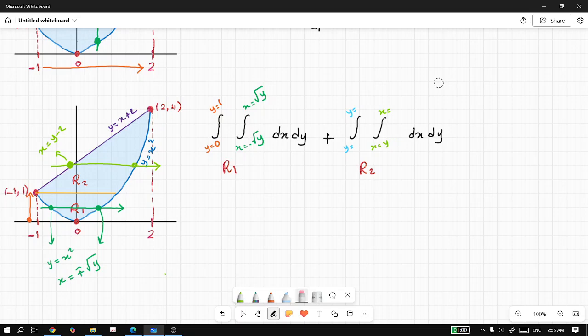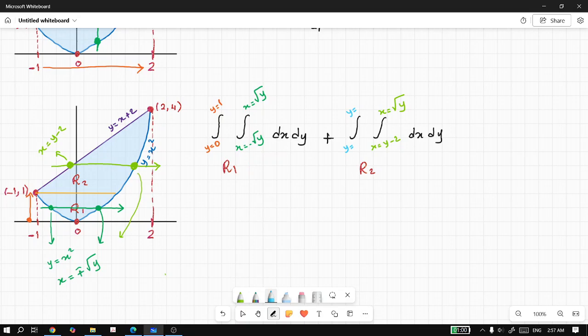Let me write this one better. And where does it leave? It leaves the region in that point. What is that point? It is the function y equal to x squared, and x here is equal to square root of y, as we have mentioned previously. So this is square root of y.